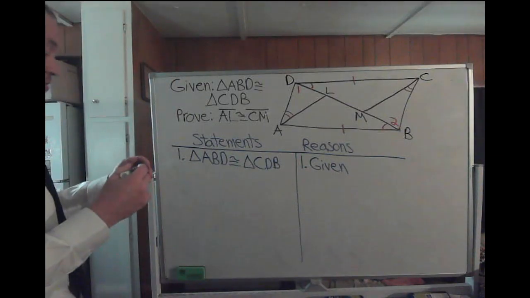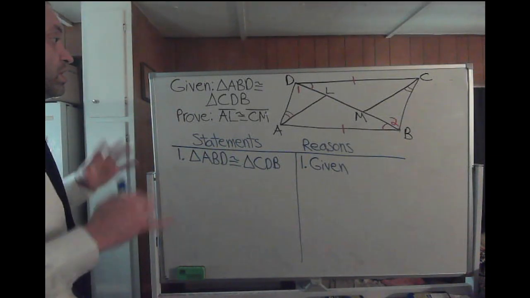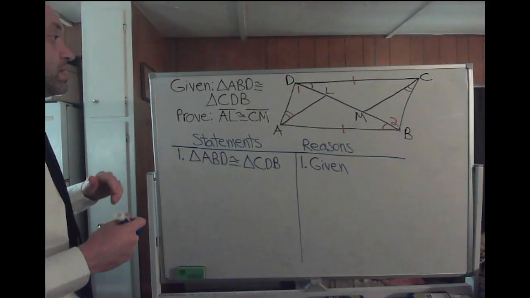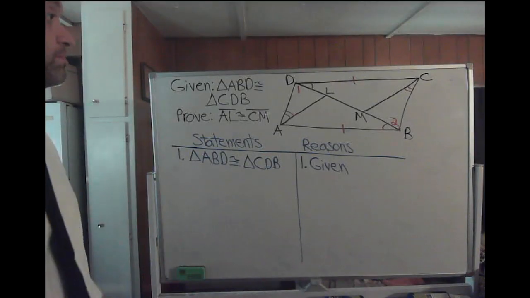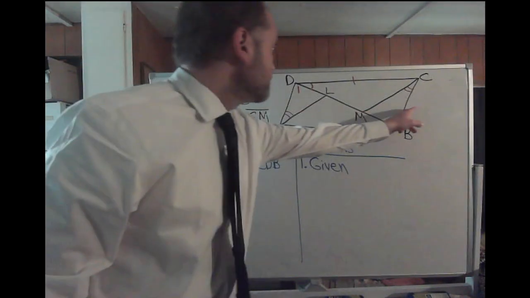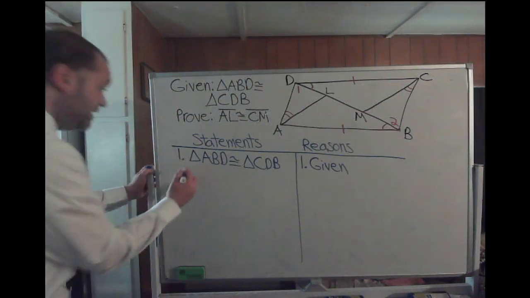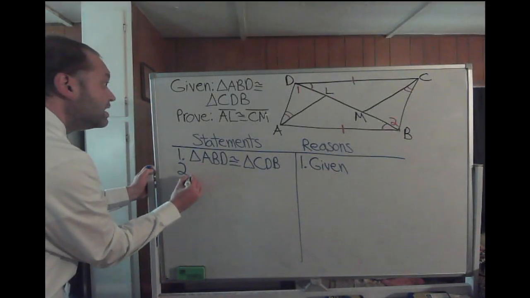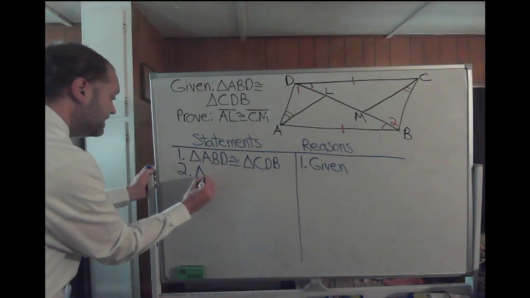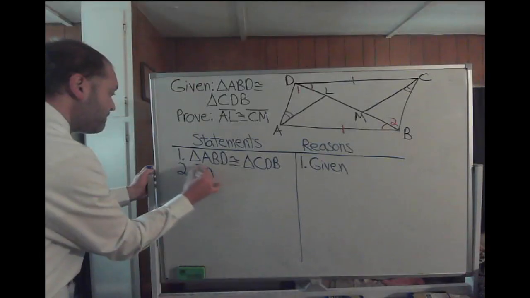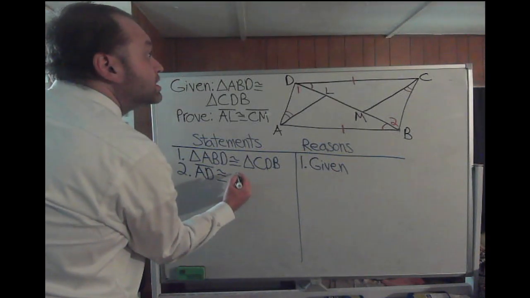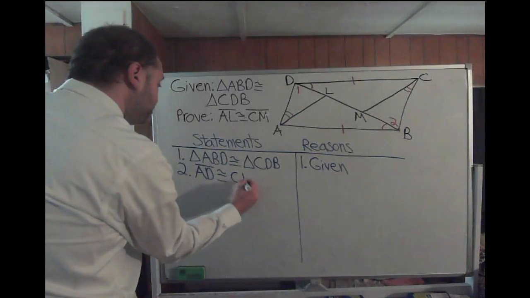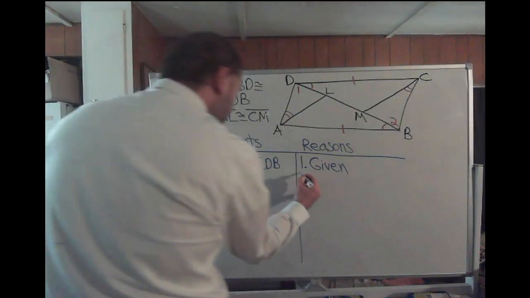Where do we go from here? Well, let's look at something. If these two triangles are congruent to each other, then that would mean that side AD is congruent to side CB by CPCTC.